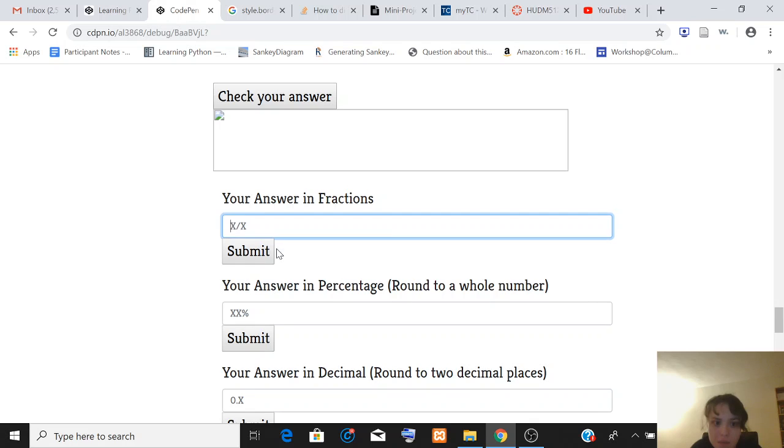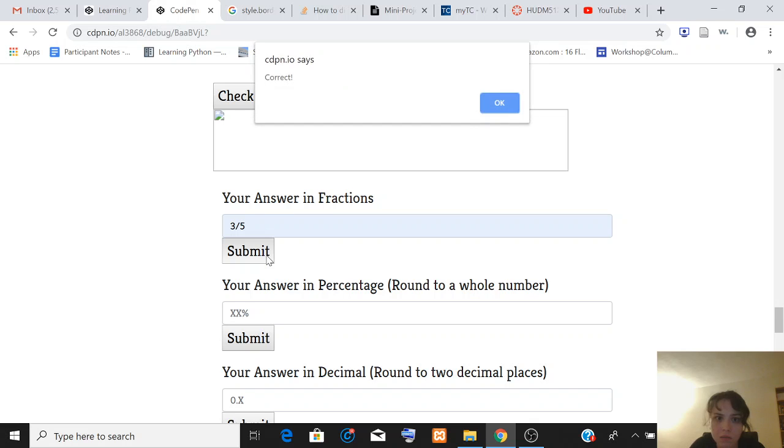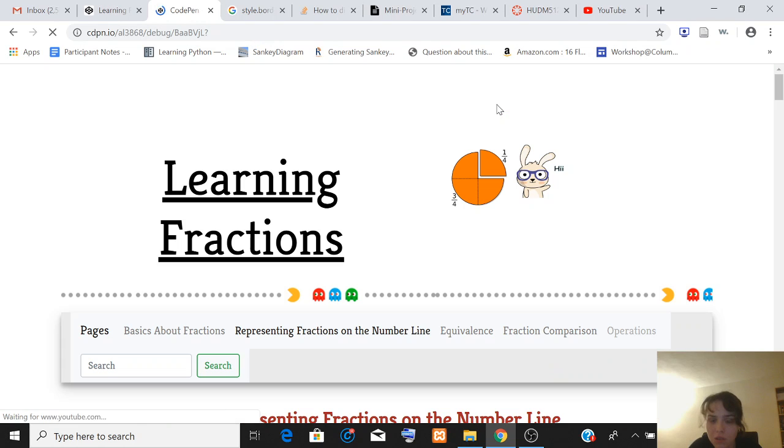So let's say I give the correct answer, 3/5, and I click submit. On click, if I respond correctly, it gives an alert saying that I was correct, and the document turns green.